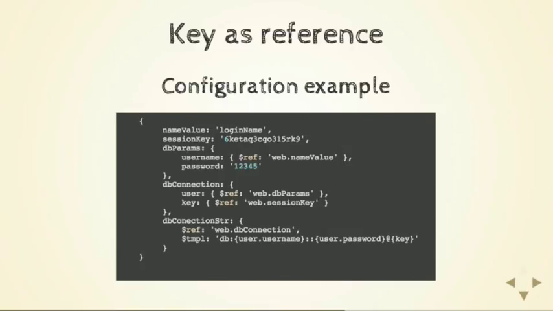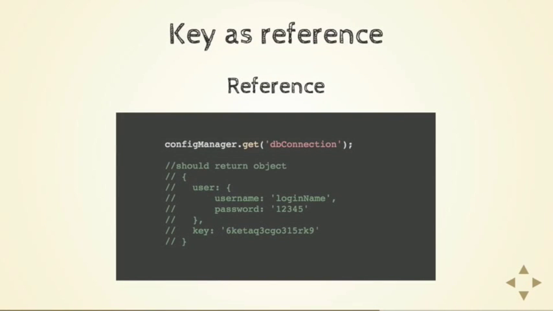As we can see, the DB connection object has references to the user, to DB parameters, and to session keys. And DB connection has a reference and template to the DB connection string, the DB connection key. If we just ask for the DB connection key, we will get this big JavaScript object.